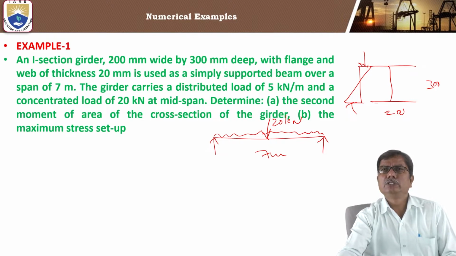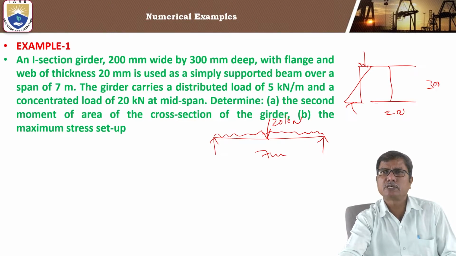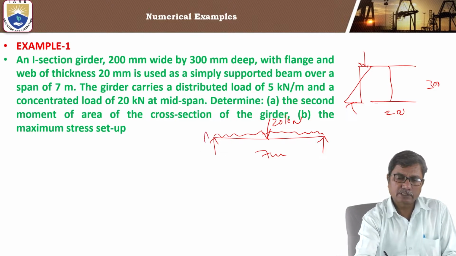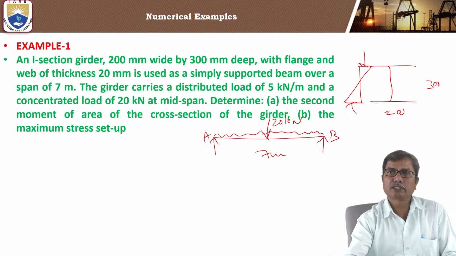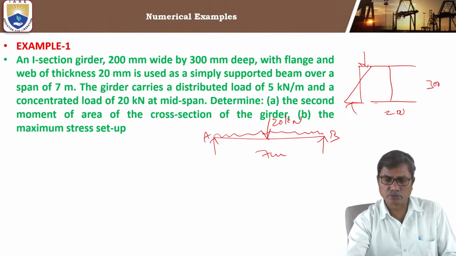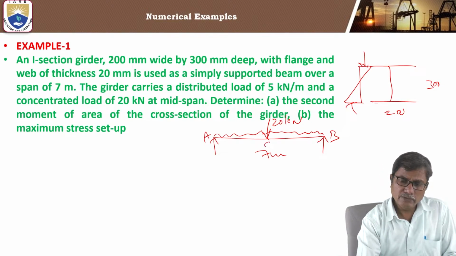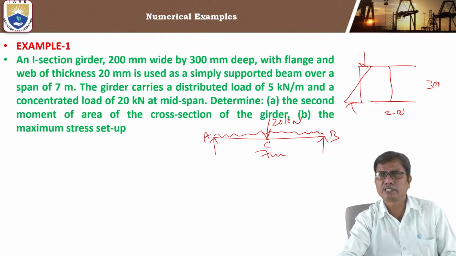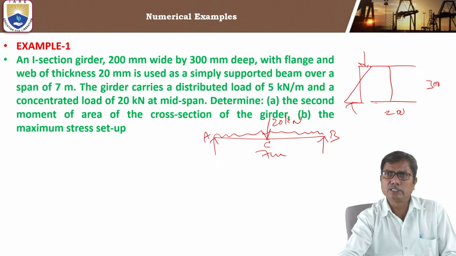First, we design the section for maximum bending moment. In this particular case of beam AB carrying UDL and central point load, the bending moment will be maximum at the mid span because of symmetry in loading.